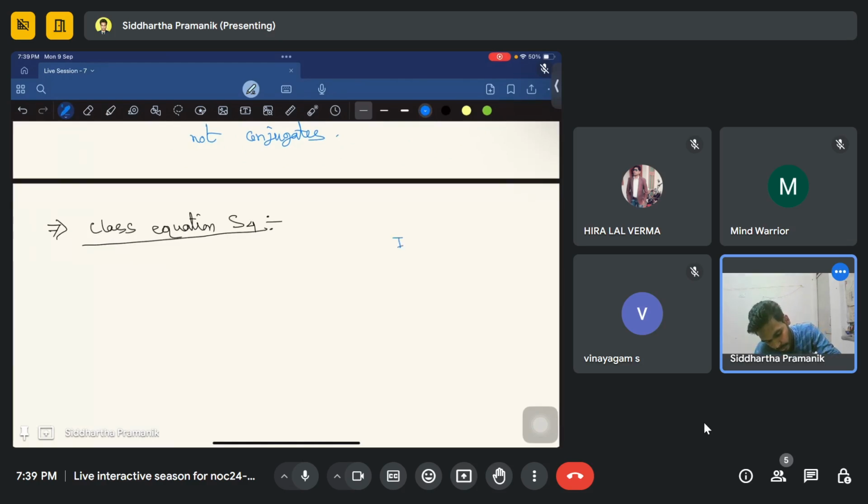If G is a finite group, let G act on itself by conjugation.